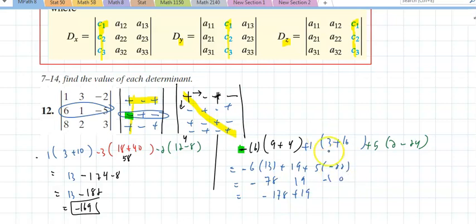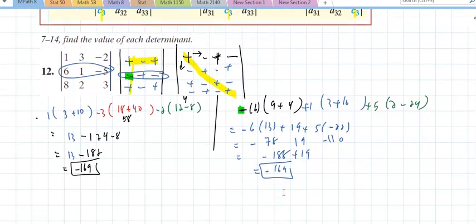That was 110, not 100, so that makes this 188, not 178, and that turns out to be negative 169. It doesn't matter how you do this. No matter how this works, you're going to get the same value.